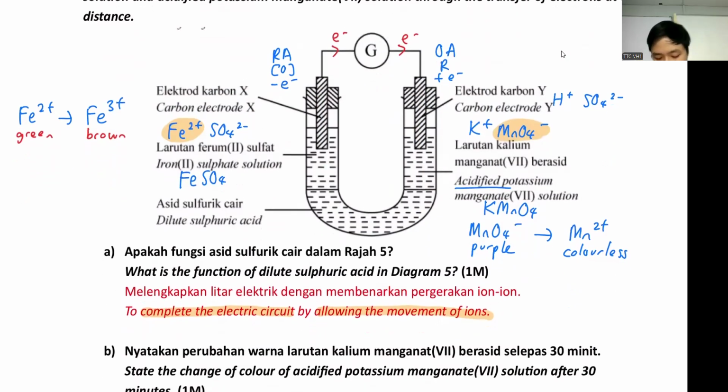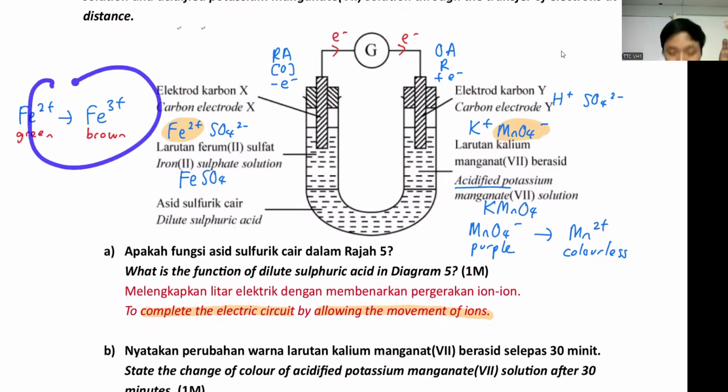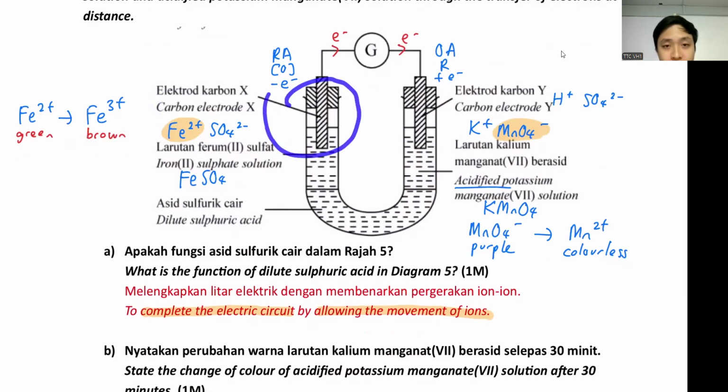So what happens? For this part, if you notice, I have Fe3+. It means at electrode X, it will keep forming and producing a lot of positively charged ions, a lot of Fe3+.